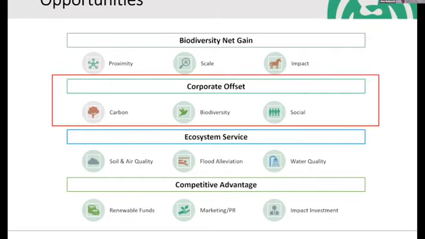Corporate offset. Carbon likely will form a central aspect to any deal, but it's not just about carbon. We believe that the recognition of biodiversity and social worth will help enhance and facilitate corporate offset. So this is where you see your carbon plus deal, that corporate offset, so carbon plus biodiversity, carbon plus social. And the wider and greater impact that this approach achieves makes a deal more attractive.